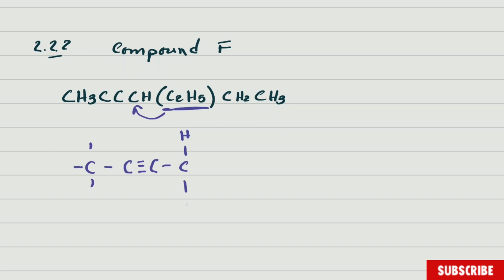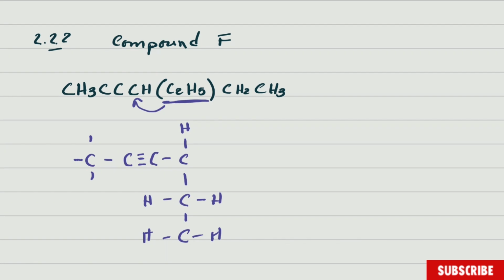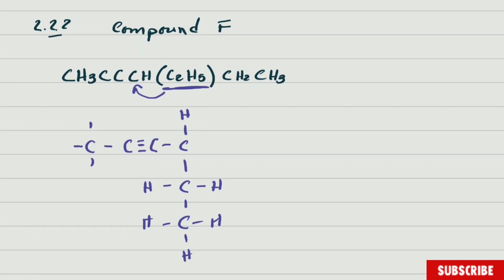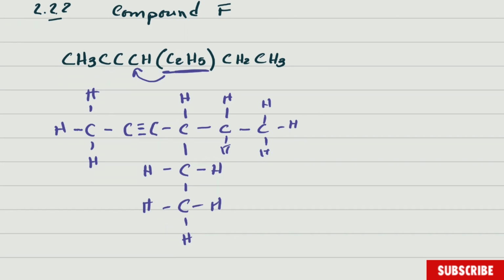So we have here now 2 carbons with 5 hydrogens, which means this one will have 1, 2, 3, 4, I'm moving up a little bit, and 5. Then we continue here. This carbon is connected to 2 hydrogens, 1 top, 1 bottom, and the final carbon is connected to 3 hydrogens. So let's complete all the hydrogens we have left. Now you make sure each carbon will have 4 bonds. Otherwise, everything is going to be wrong.